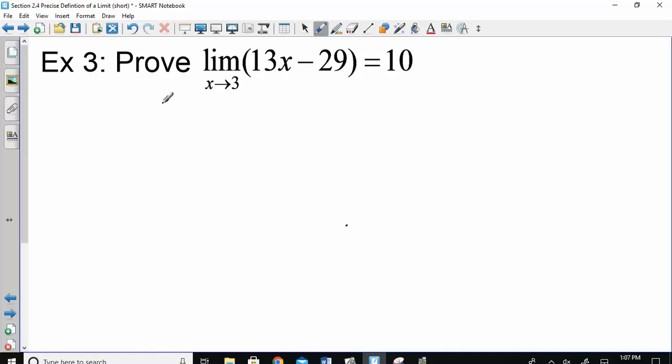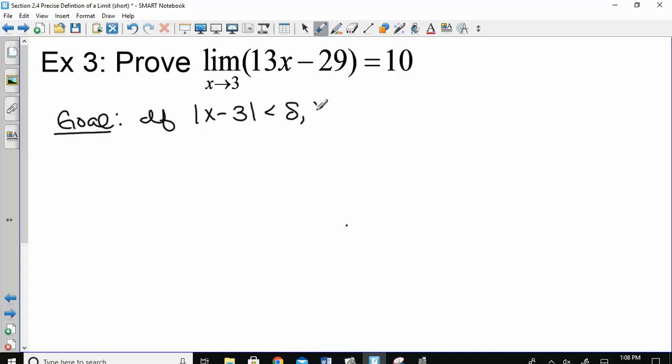Alright, so you have to know the definition. And I always write that out first, so I know when I'm done. My goal, the definition, is if the absolute value of x minus a is less than delta. What is my a? 3.